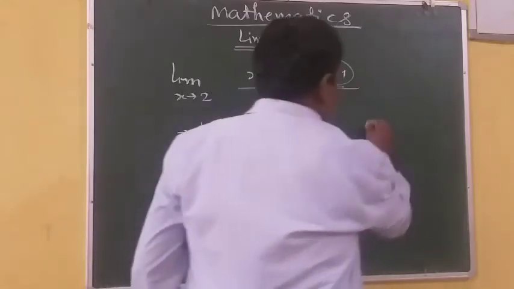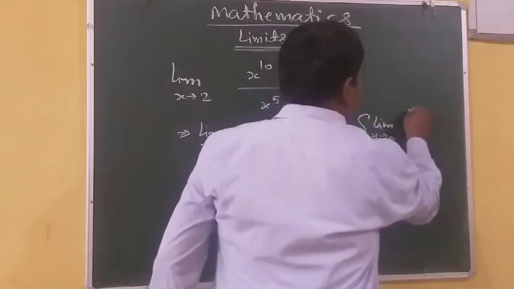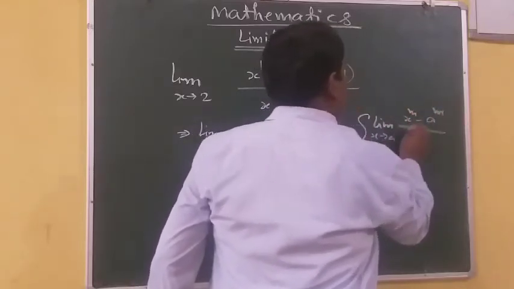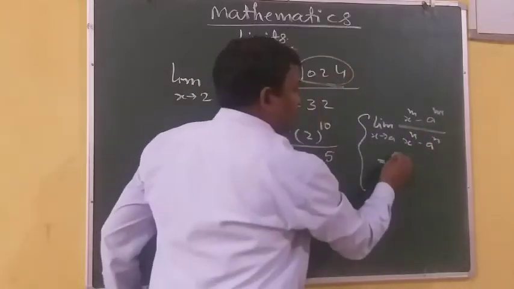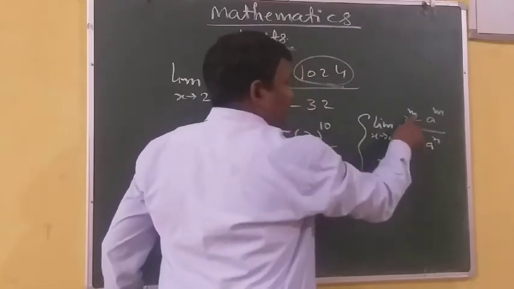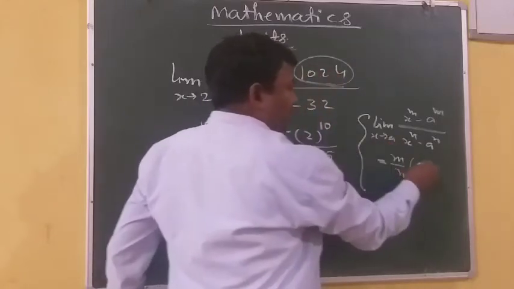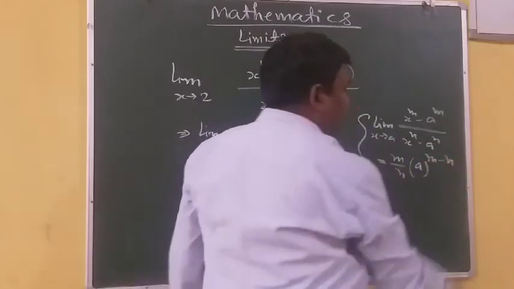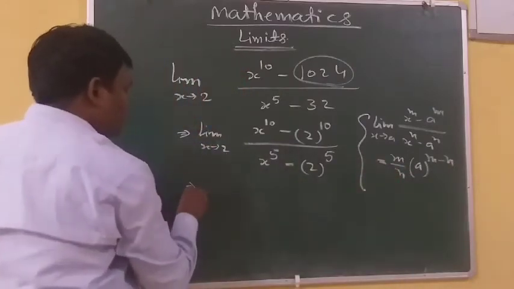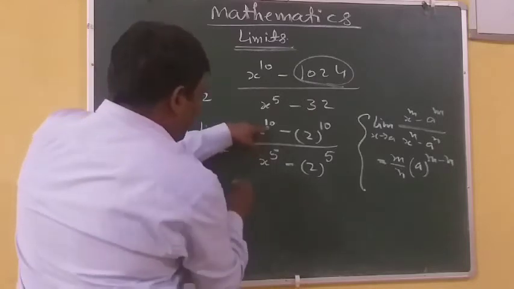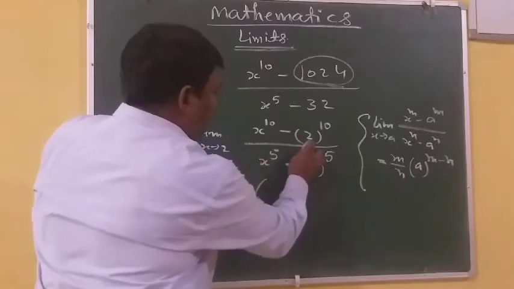So now this is of what form? It is of the form limit x tends to a, (x power m minus a power m) upon (x power n minus a power n), which equals, by the standard result, m by n, numerator's power upon denominator's power, into a, whatever limit tends to, power numerator's power minus denominator's power. So by using this relation, numerator's power is 10 upon denominator's power 5, and at the place of a it is 2.